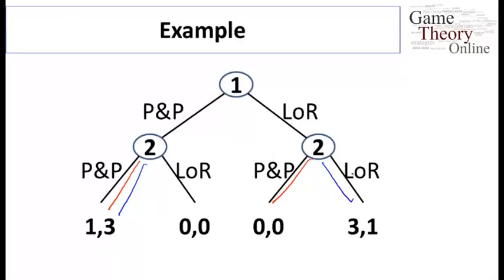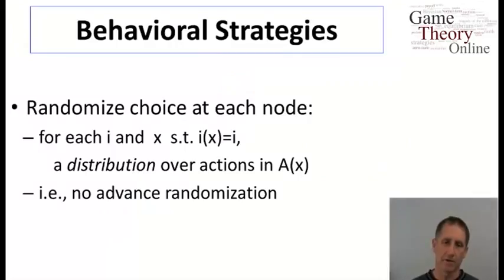Now, a mixed strategy means taking these pure strategies in their entirety and randomizing between them. So for example, saying I'll do the red strategy with probability 1/3 and the blue strategy with probability 2/3. That's a mixed strategy. But contrast this with what is a behavioral strategy.